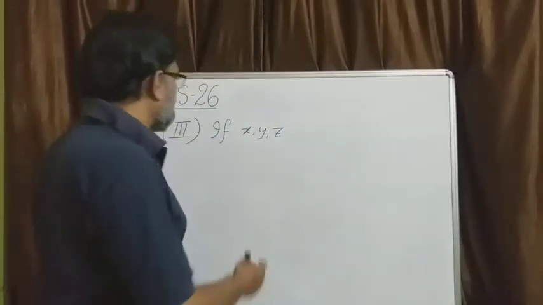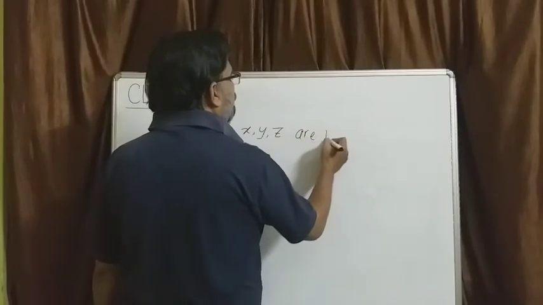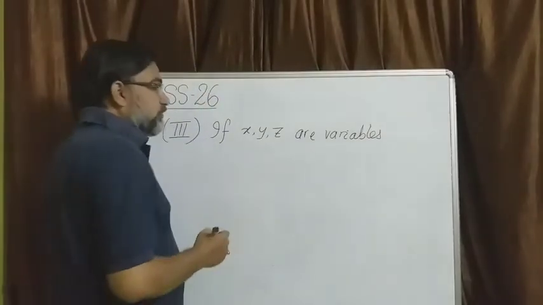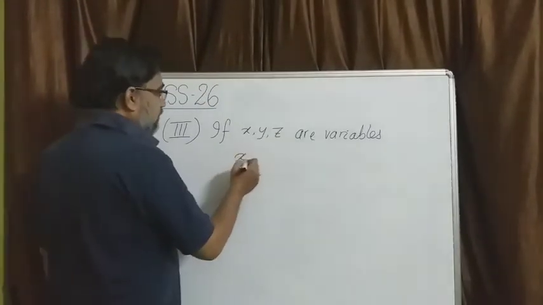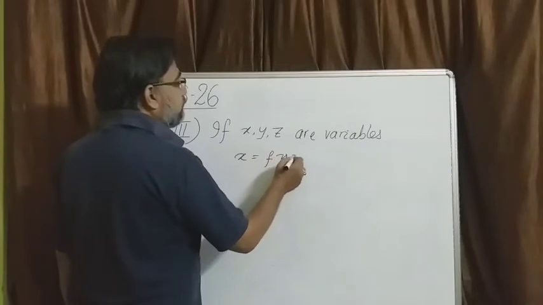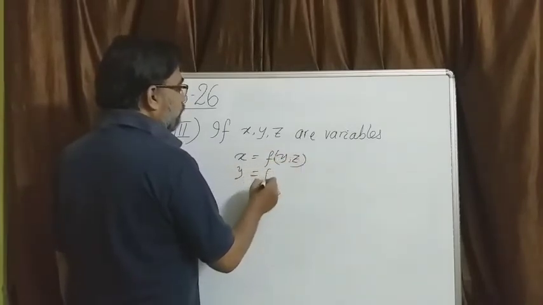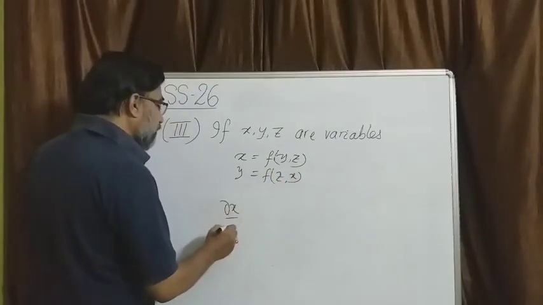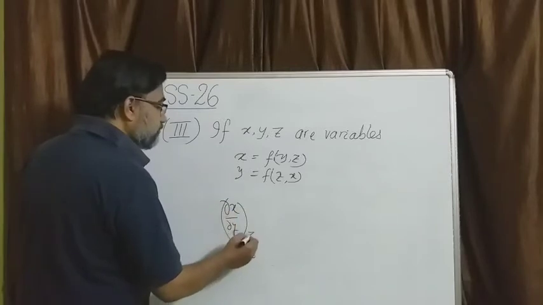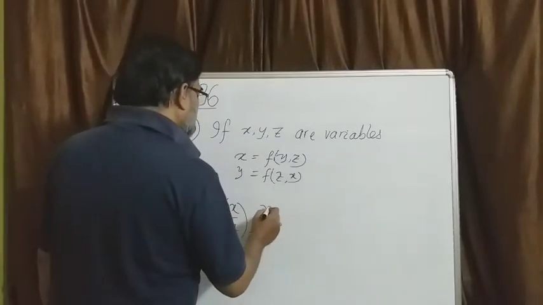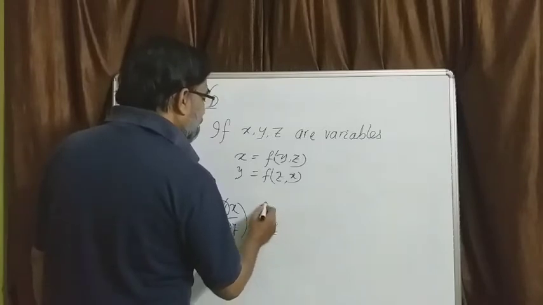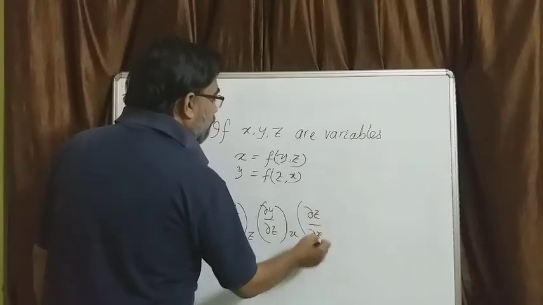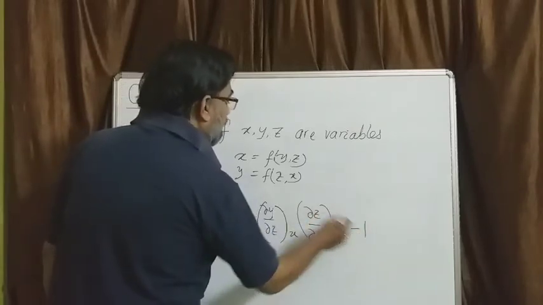If x, y, z are three variables and any one of them is a function of the other two, then (∂x/∂y) when z is constant, (∂y/∂z) when x is constant, and (∂z/∂x) when y is constant is equal to -1.